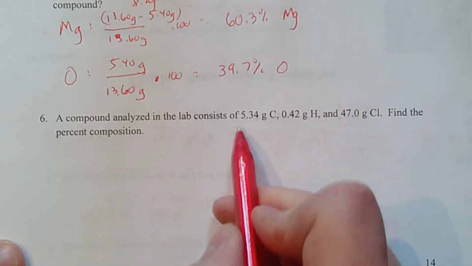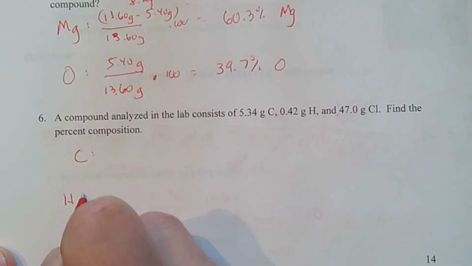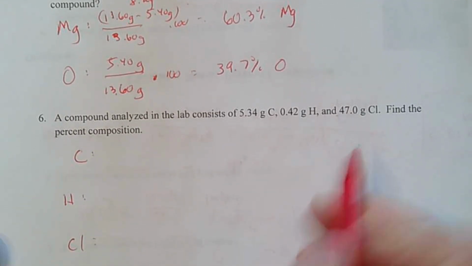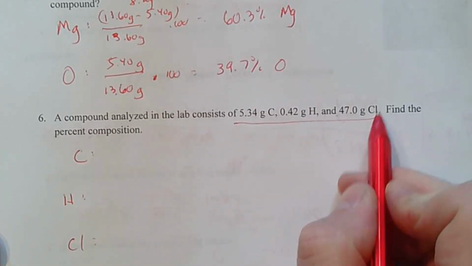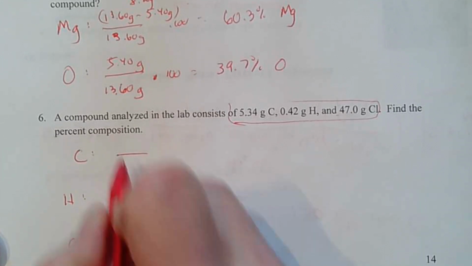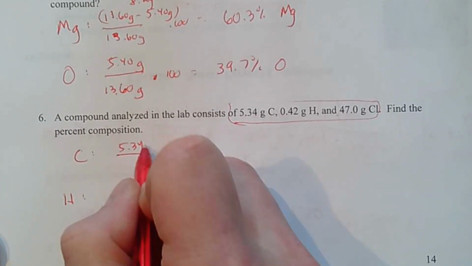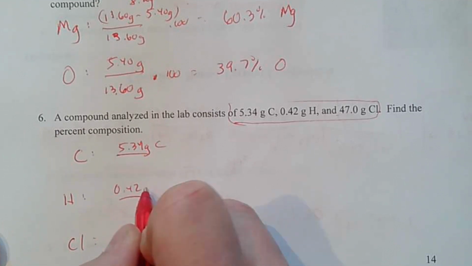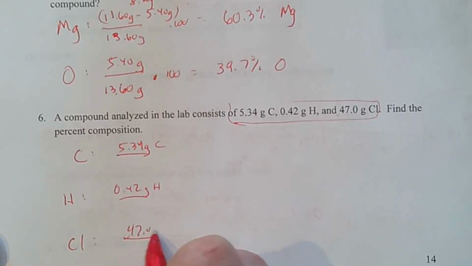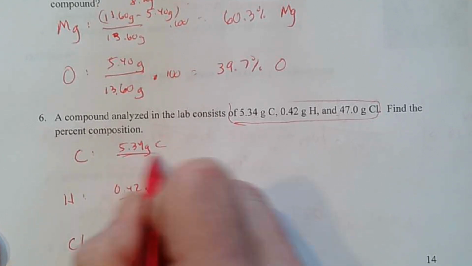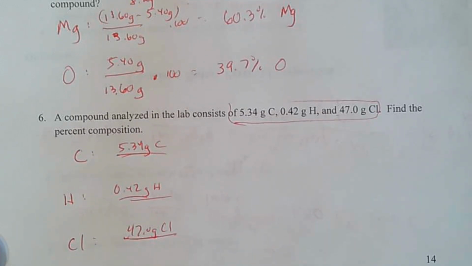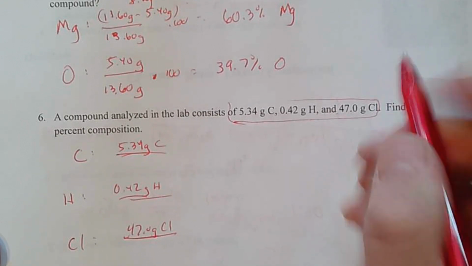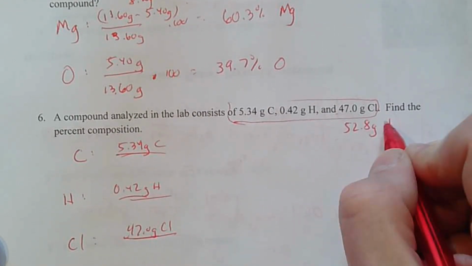Now in this one, it's got 3 elements: carbon, hydrogen, chlorine. You notice we're not given a total mass, but we can find the total mass because we just add these 3 things together, given how much of everything we have. We're going to calculate 5.34 plus 0.42 plus 47, to get around 52.8 grams total.